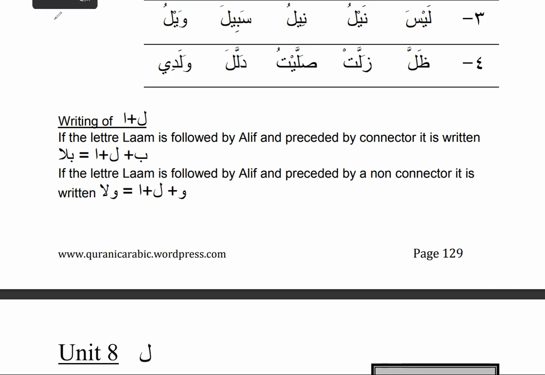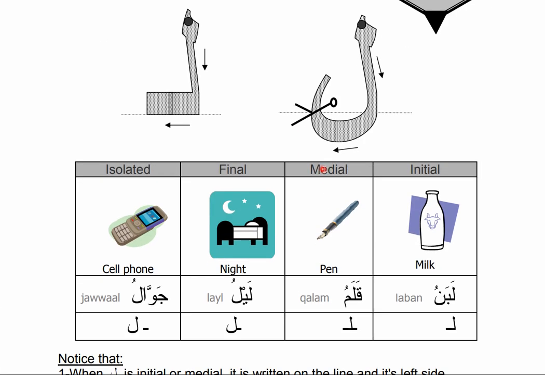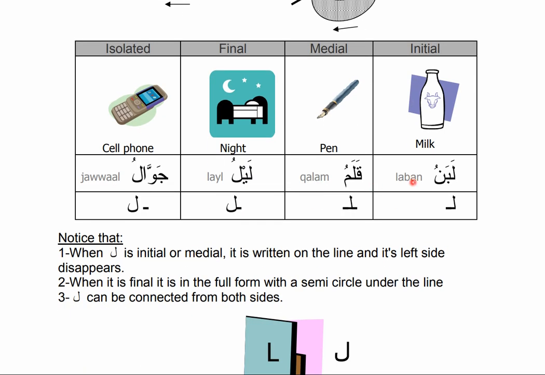So let's see quickly how lam is written on the line. This is the full form or the original form of the letter lam. So when you write, you need to cut the tail and the curved portion is no longer curved, it's written on the line. So first let's see the vocabulary here.